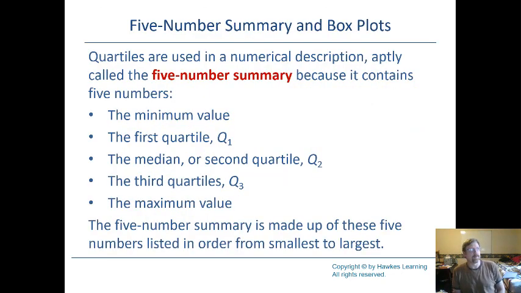Quartiles get used in what's called a 5-number summary of data. You give the minimum value, the first quartile, the median or second quartile, same difference, the third quartile, and the maximum. You list them from smallest to largest. Minimum, first quartile, median, third quartile, maximum.